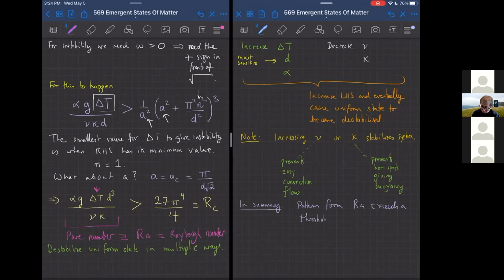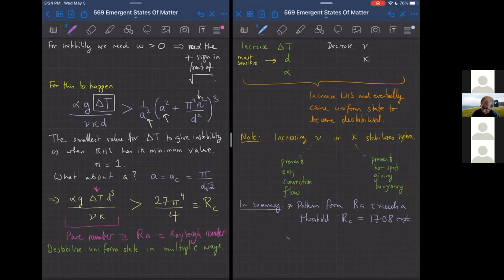And you can work out more precisely what it is. That threshold is RC, which is about 1700 from experiment and from a more detailed calculation. This number 27 pi to the 4th over 4 isn't so bad.